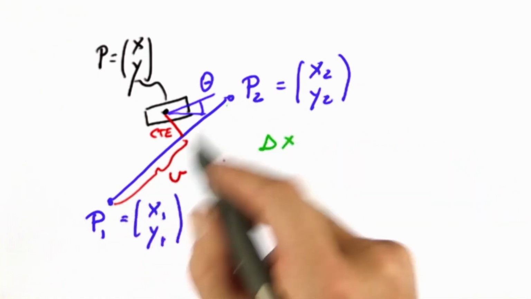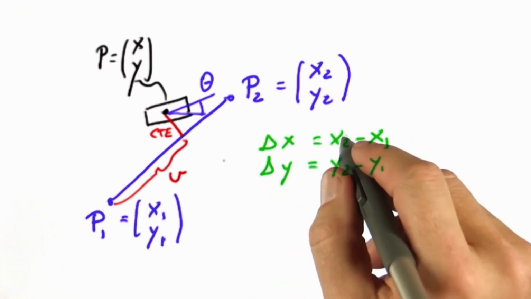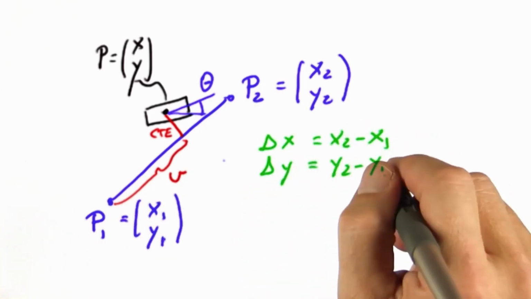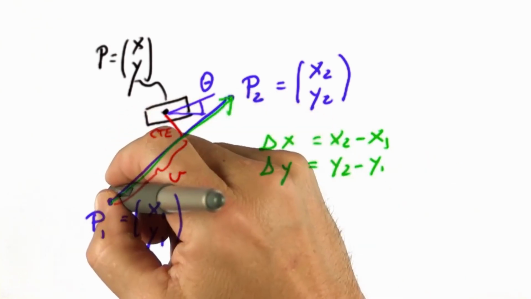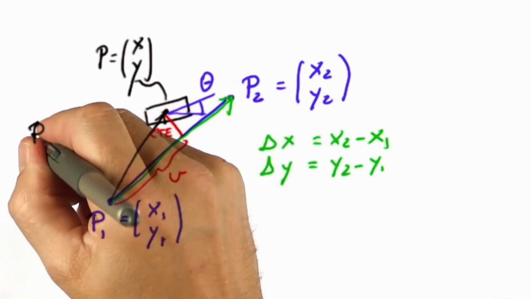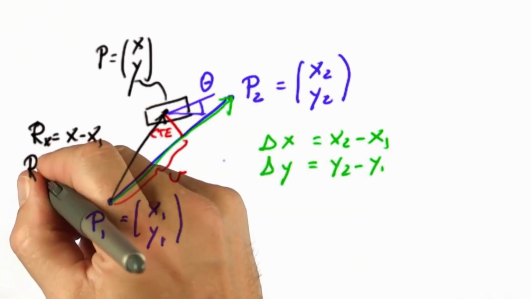Specifically, let's call this vector over here delta x and delta y, as defined by x2 minus x1 and y2 minus y1, this vector over here. And let's call this vector over here rx, which is x minus x1, and ry.